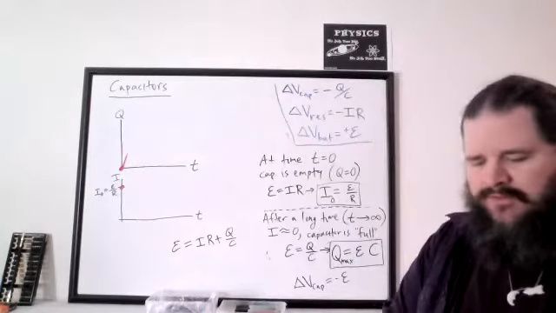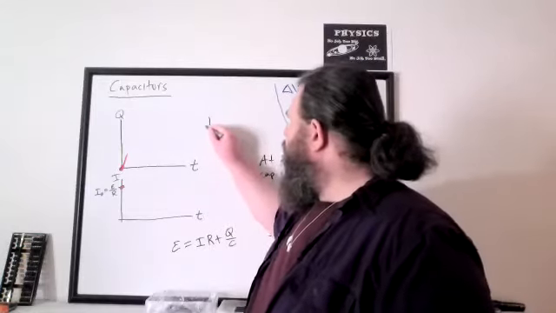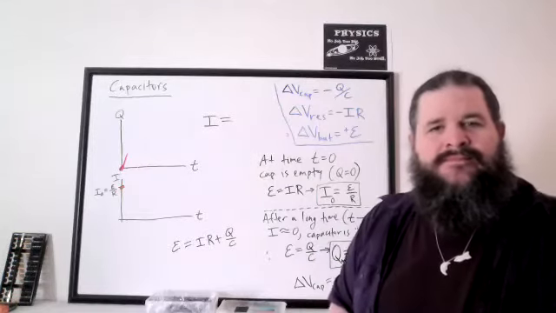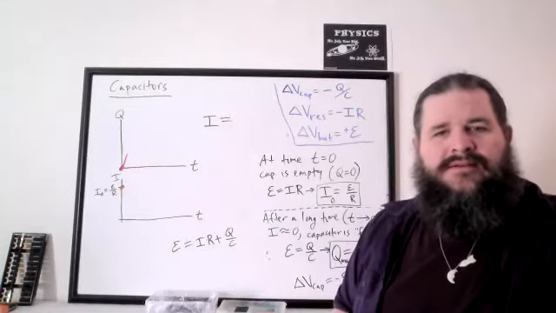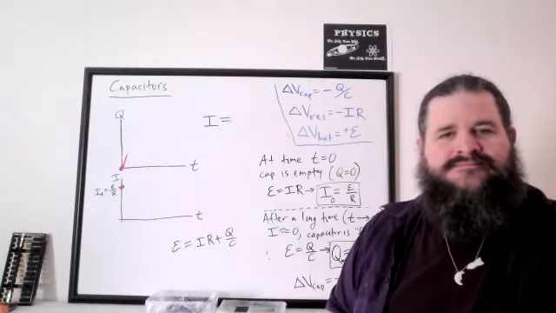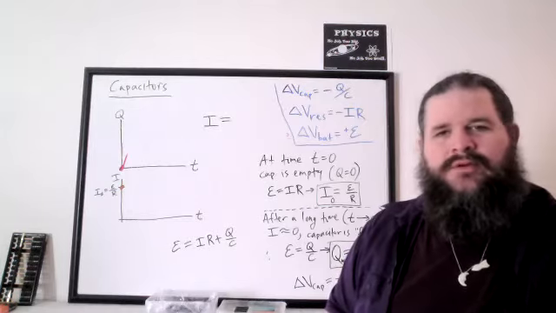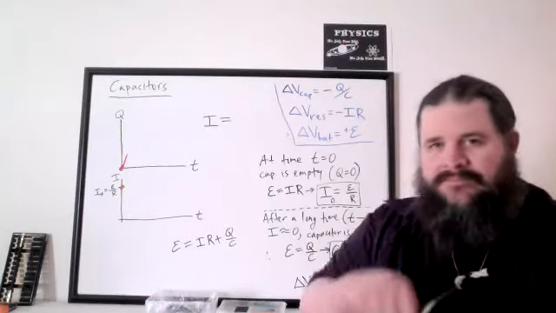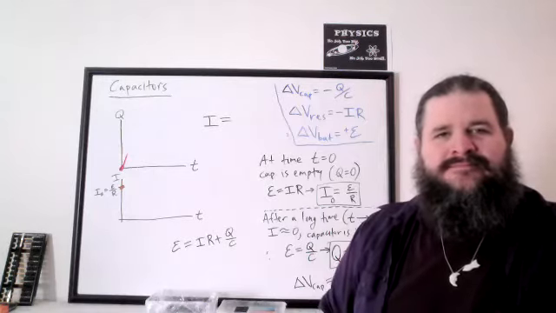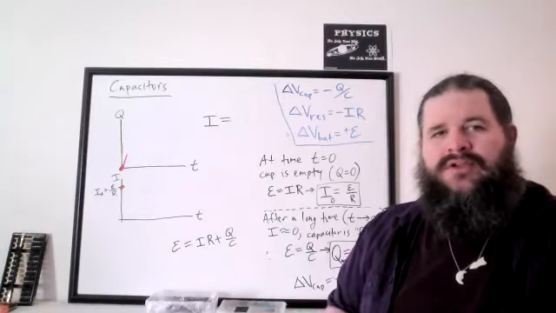In fact, we could even look at the relationship between these, because how is current defined in the first place? What is current? What does current mean? What's flowing here? Yeah, it's the amount of electrons flowing per unit of time.